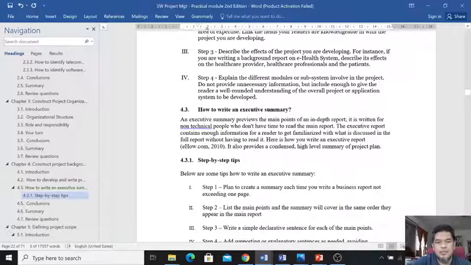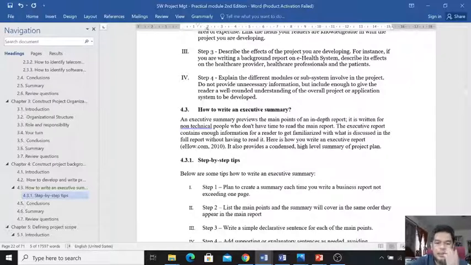It is written for non-technical people who don't have time to read the main report. So the executive summary is different from the introduction or the background of the project. It summarizes the contents of the report.